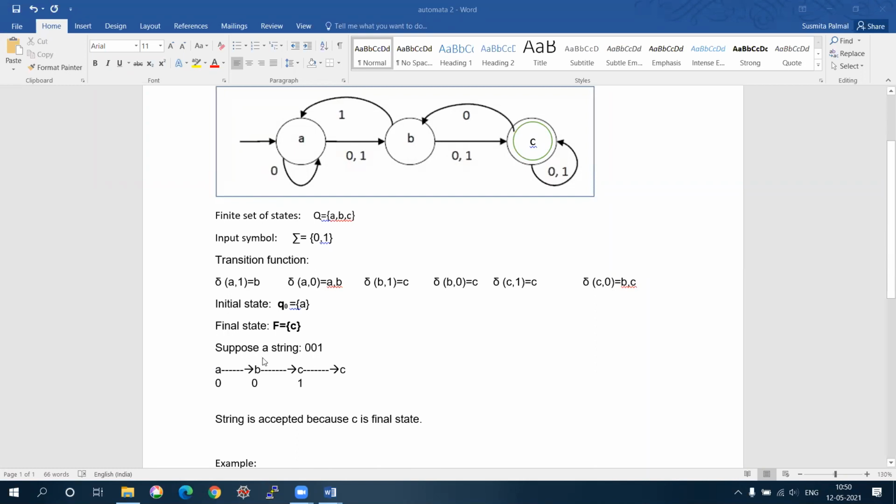So at the beginning we are in the initial state, state A, and if you put input 0, which state will it go to? B. From where could we know that?